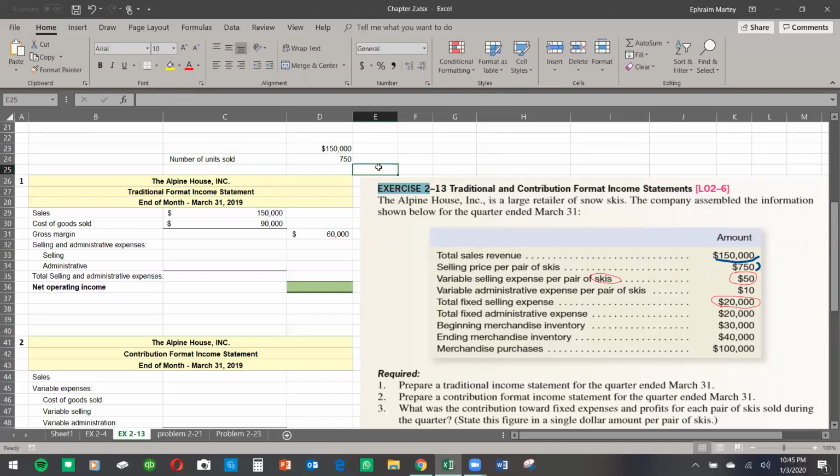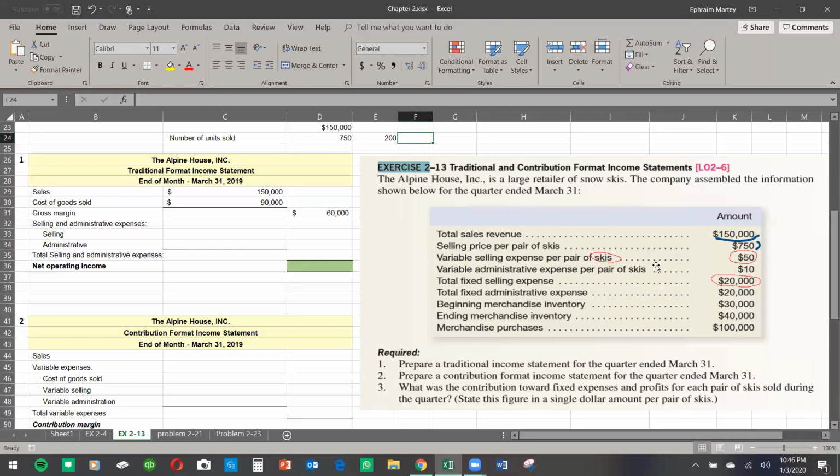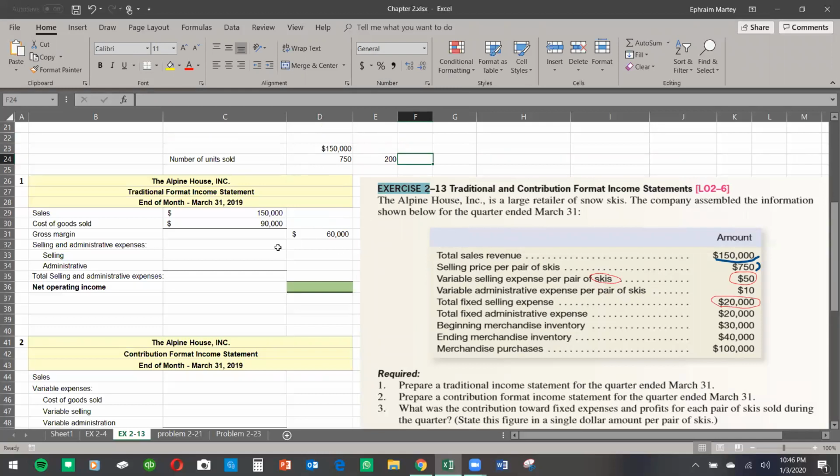That should give us 200. So that means we sold 200 pairs of skis.